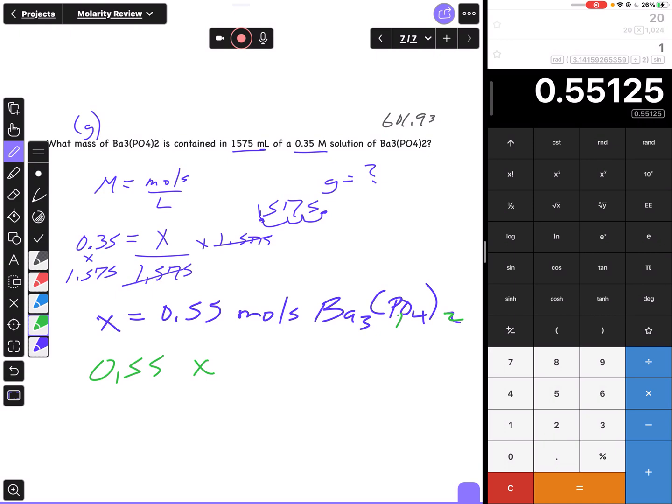So you'd have 3 Bas, 2 Ps, and 8 oxygens. Multiply that by their individual atomic masses and add them all up. And when you do that, you'll get a molar mass of 601.93. So to convert moles to grams, I'm going to take my moles, which is 0.55, multiply it by 601.93.